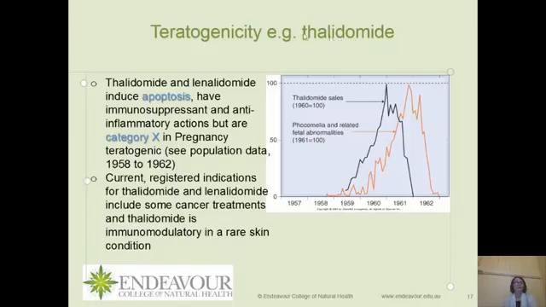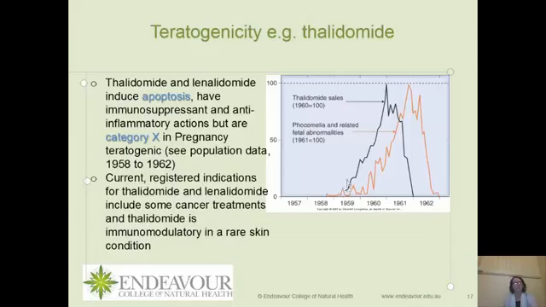This substance, thalidomide, was reported in the literature around about 1958 as having good sedative effects on pregnant women in the first trimester if they were experiencing a lot of nausea and vomiting.